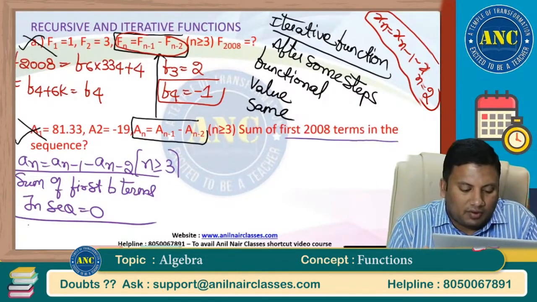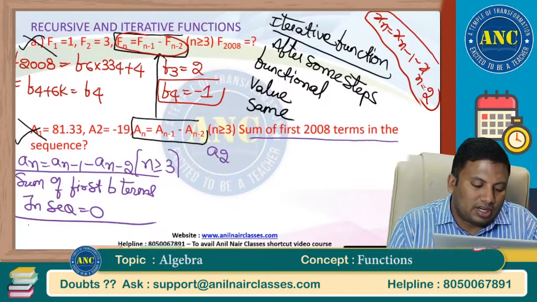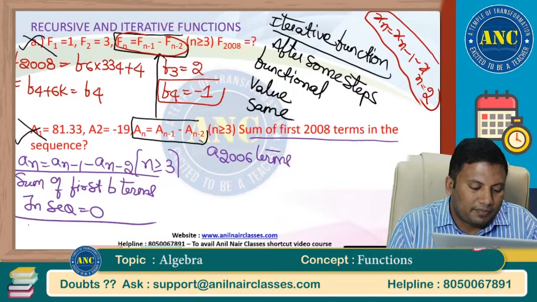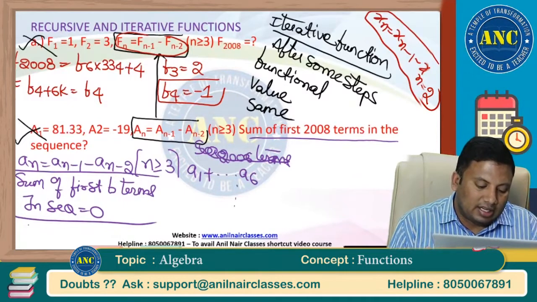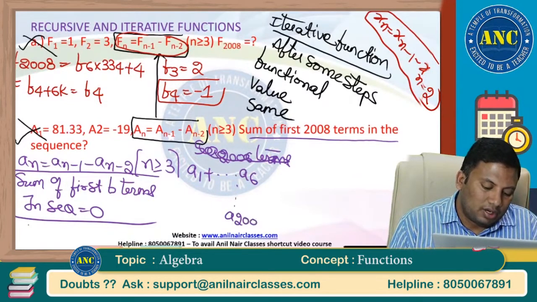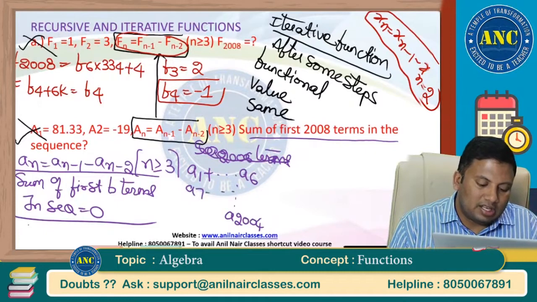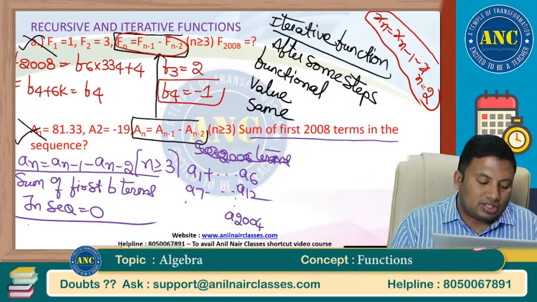Now we require the sum of 2008 terms. The sum of a1 to a6, then a7 to a12, again 6 terms, a13 to a18, and so on till 2004.